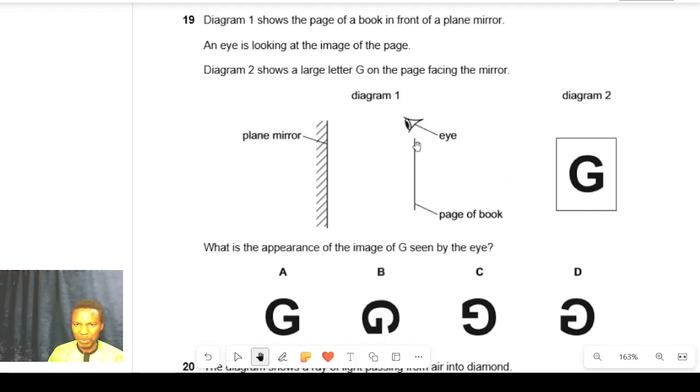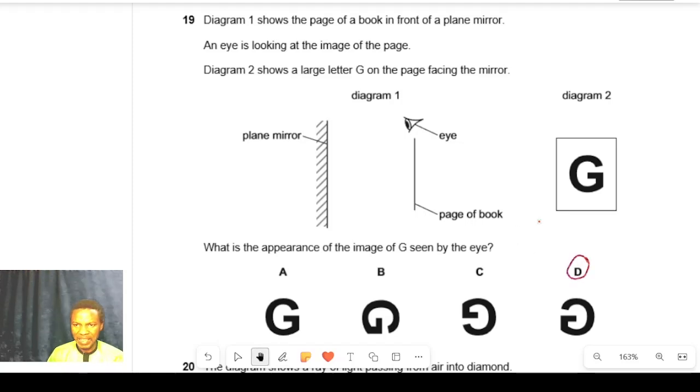What is flipped? Lateral inversion. What is the appearance of the image of G seen by the eye? I talk about lateral inversion. That is number 19. The correct answer is going to be D.